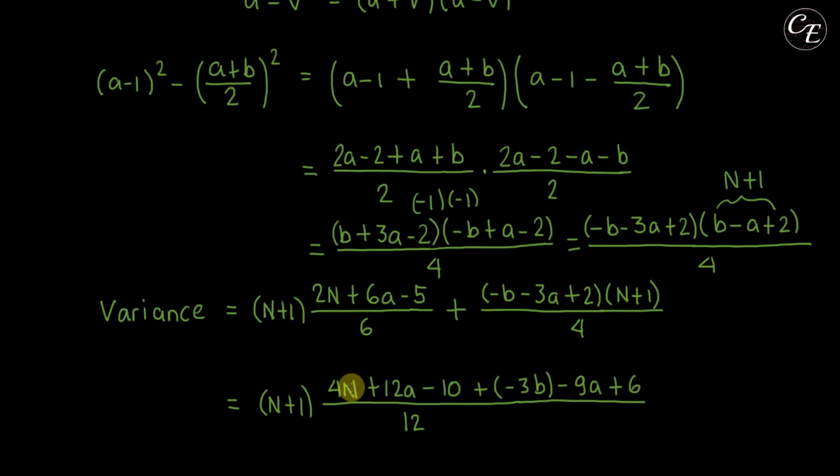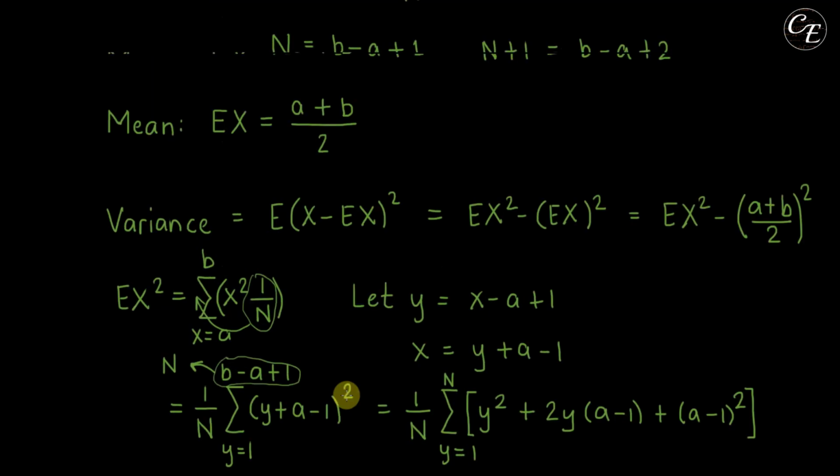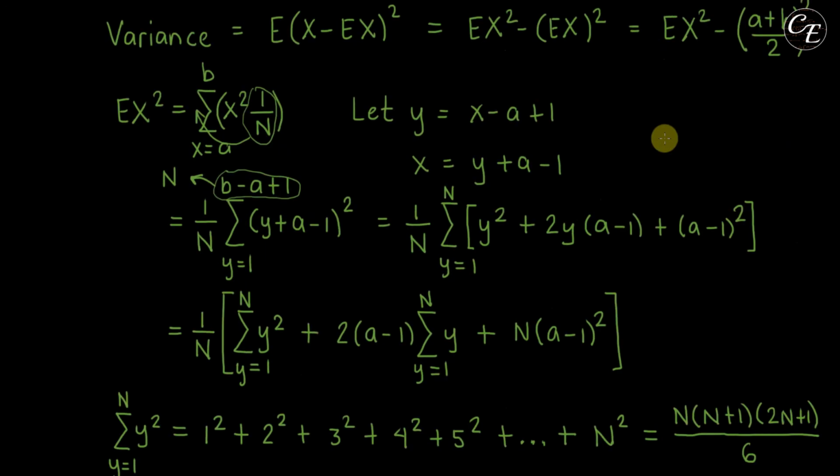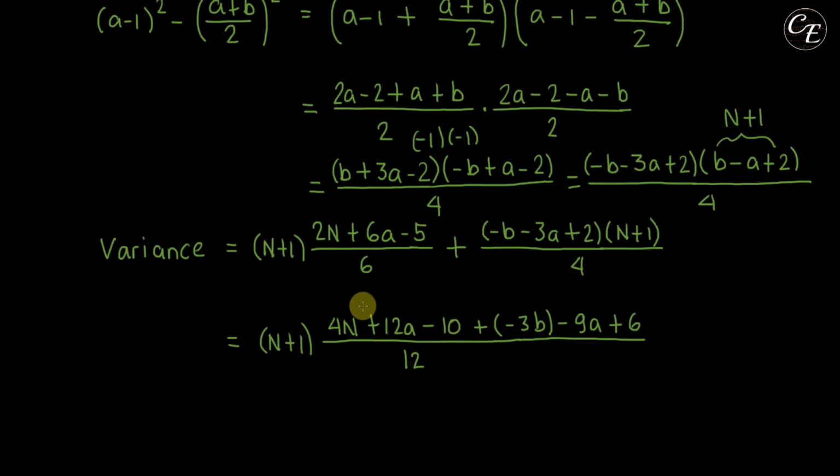Then for this n in here, it is b minus a plus 1. And for 4n, it is equal to 4 times this, or 4b minus 4a plus 4. So in here, this 4n will be 4b minus 4a plus 4.